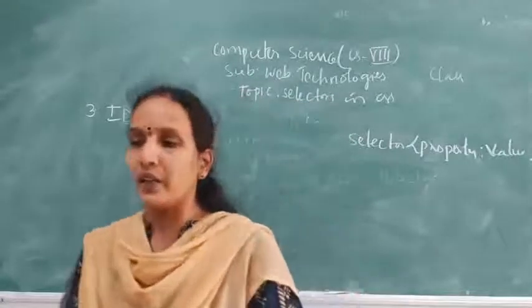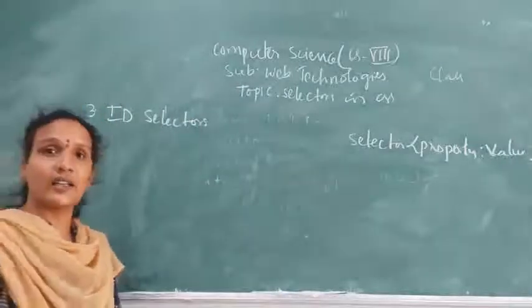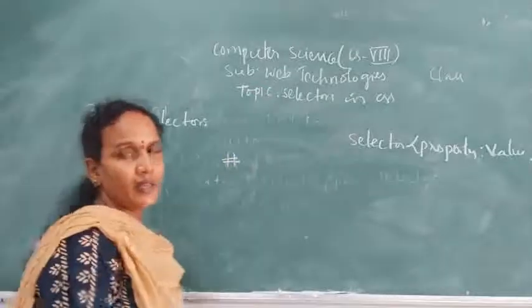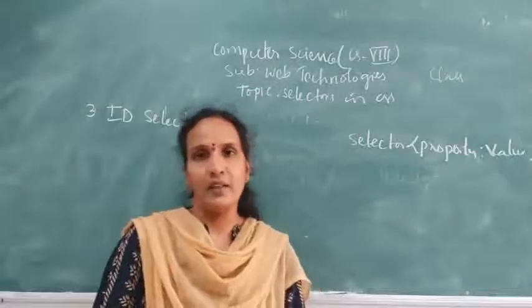ID selectors are created by using the pound hash symbol.